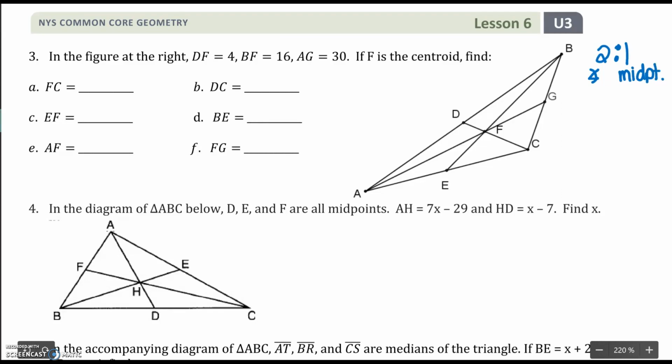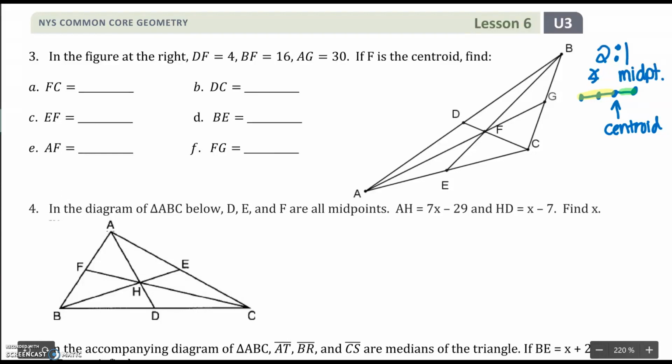If it's a 2-to-1 ratio, then that means that my centroid is going to have 2 segments closer to the angle, effectively, and 1 closer to the midpoint. Or 2 lengths closer to the angle and 1 length closer to the midpoint.